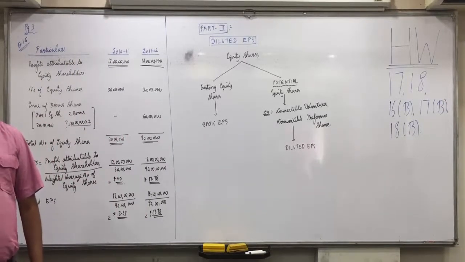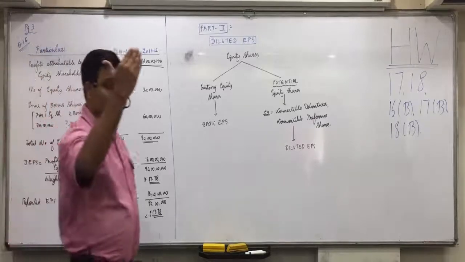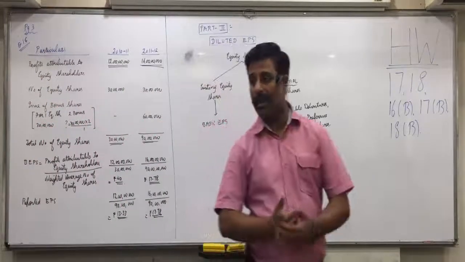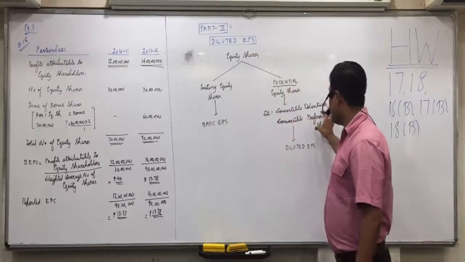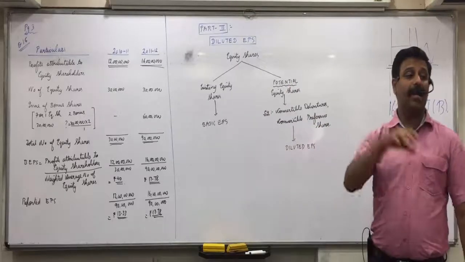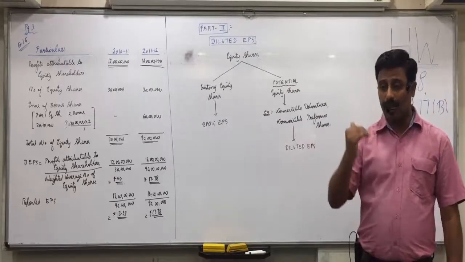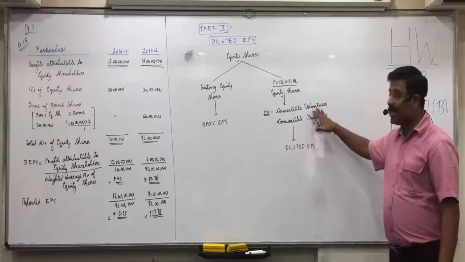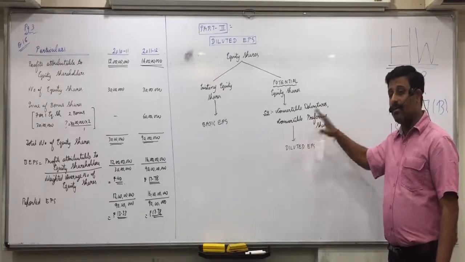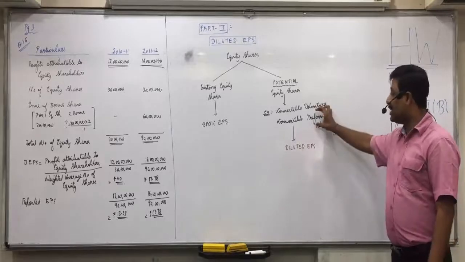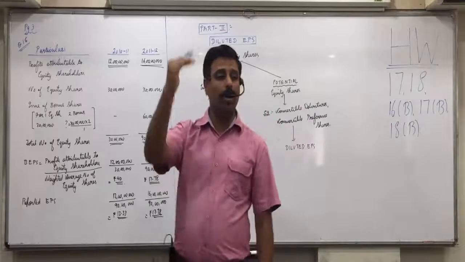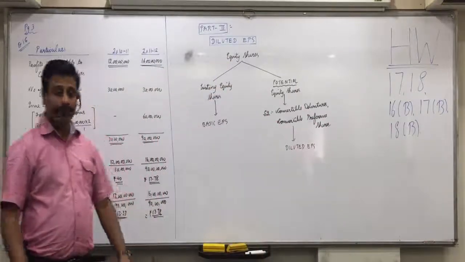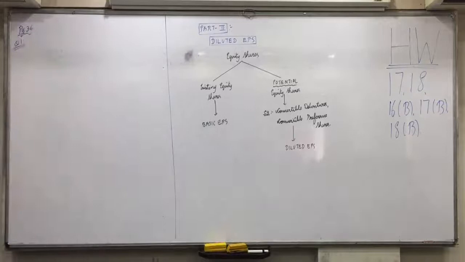In case the per share earning goes up, why it goes up we'll discuss in detail in the coming lectures, but in that case the security, instead of diluted, is called anti-diluted. If EPS goes down, we say these securities are diluted securities. If EPS goes up, we say these securities are anti-diluted securities. But generally it should go down only. Is anyone of you clear with this? Let me know. Is there anyone who is not clear with the concept of diluted EPS?